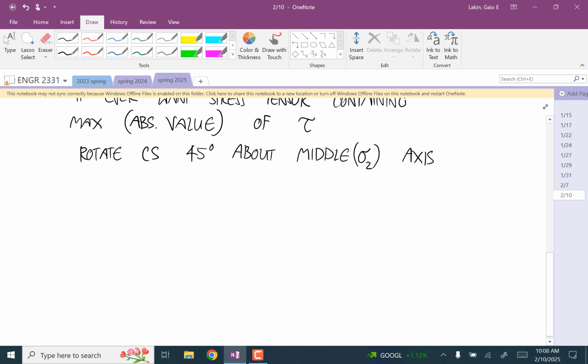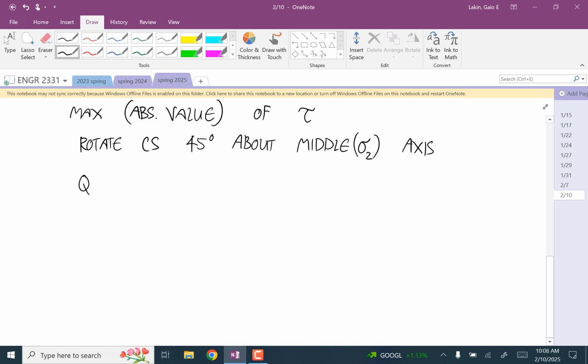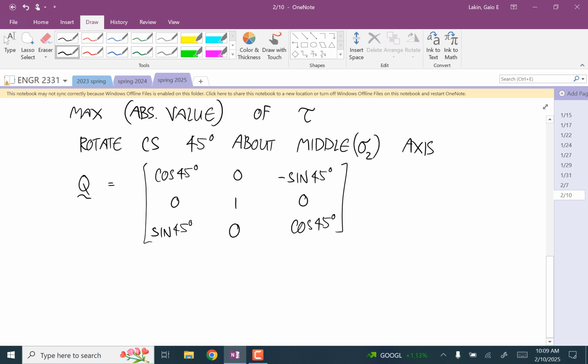Y. And so we'd go, Q would be cosine of 45, 0, negative sine of 45, 0, 1, 0, sine of 45, 0, cosine of 45. And then you just go Q, sigma principal, let's call it, and then Q transpose.